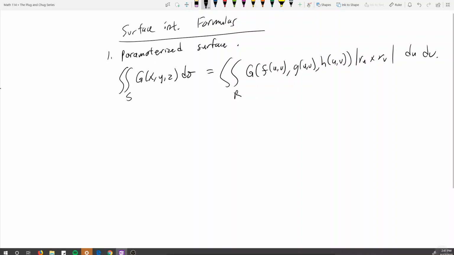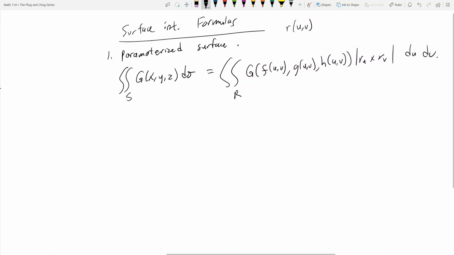This is where we parameterize our surface into r of u, v equal to f of u, v, g of u, v, h of u, v. So we just take these and throw them into the function. We're going to do an example of this with the problem I just gave.